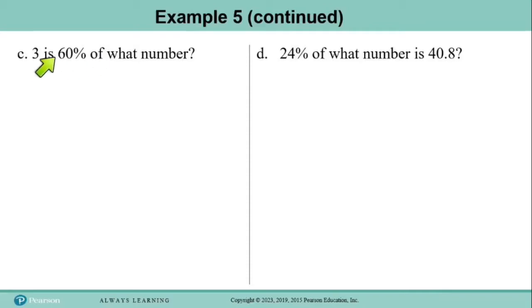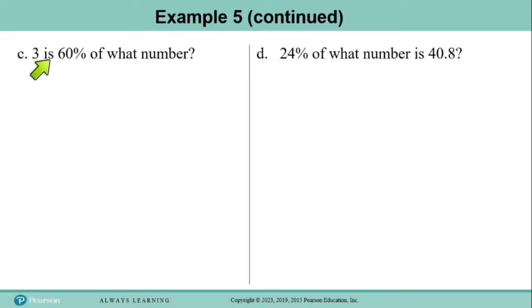Okay, let's continue with part C. 3 is 60% of what number? So again, remember the unknown number we just represent with X. The "is" is an equal sign, the "of" is represented by multiplication, and we have to put our percent in decimal form.